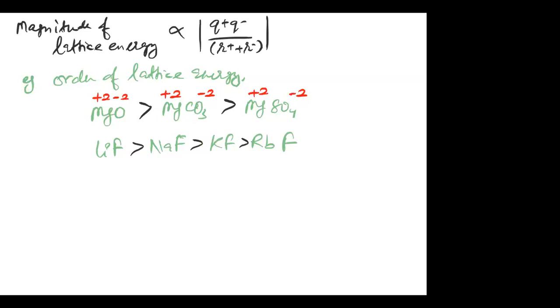So the magnitude of lattice energy is proportional to the multiplication of charges divided by the distance between both charges. The order of lattice energy is MgO more than magnesium carbonate, more than magnesium sulfate. Further, lithium fluoride has more lattice energy than sodium fluoride, sodium fluoride more than potassium fluoride, more than rubidium fluoride.